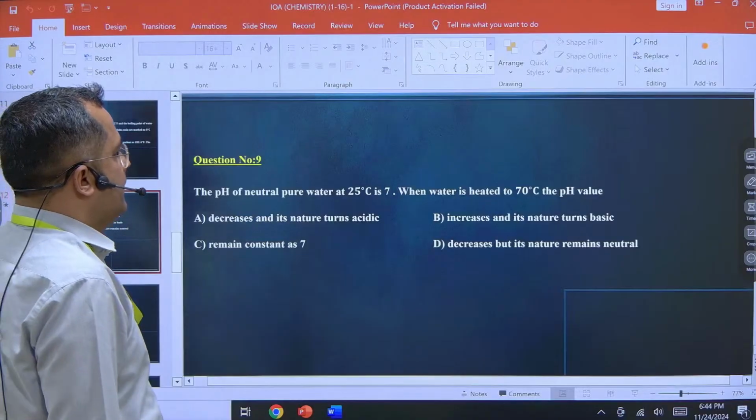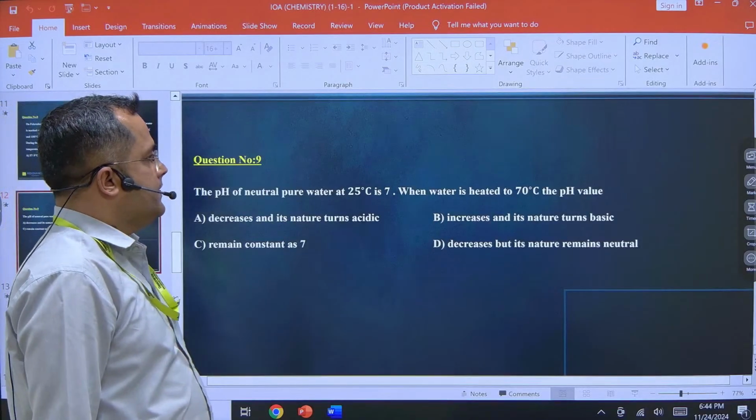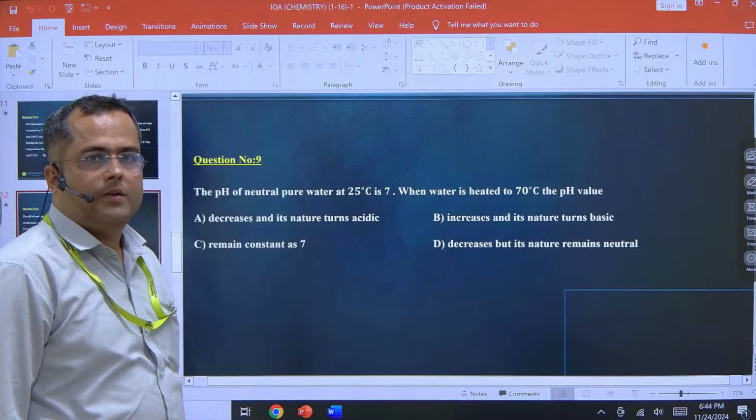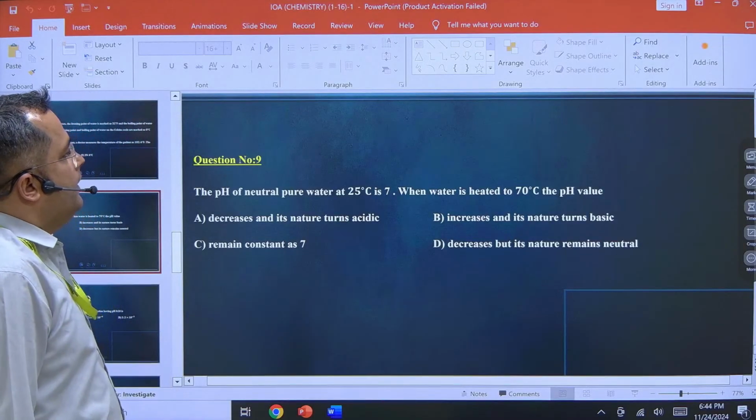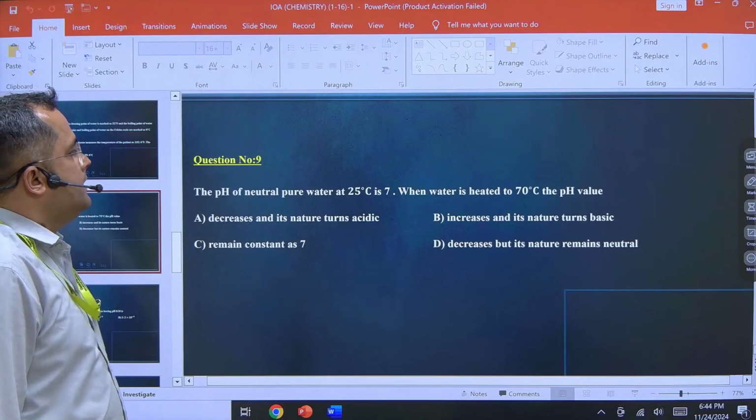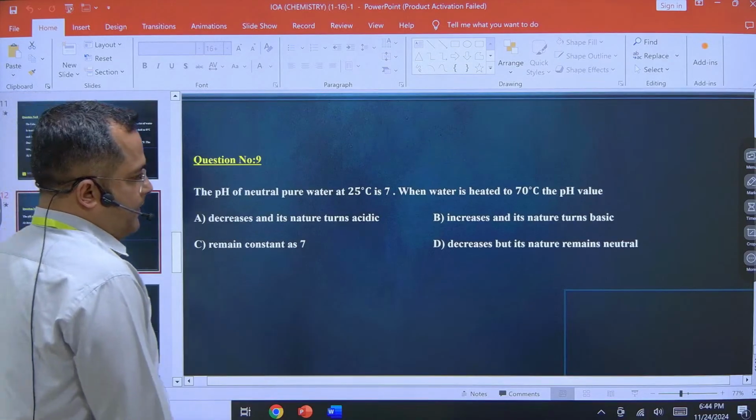See, it is a question from the ionic equilibrium part of 11th class. pH of neutral water at 25 degrees Celsius is 7. Okay, pH is 7.